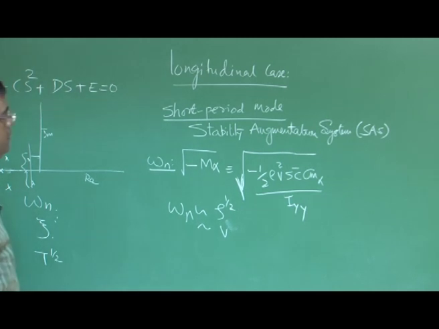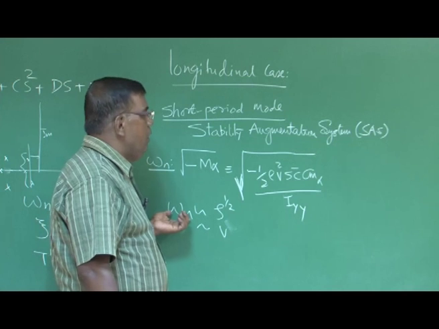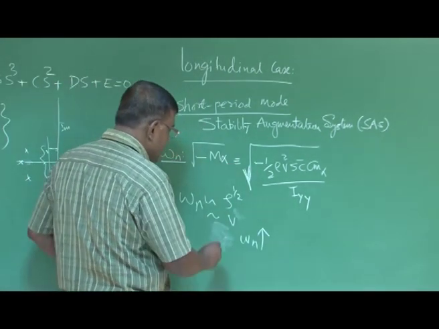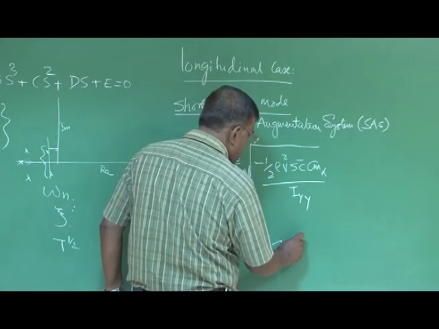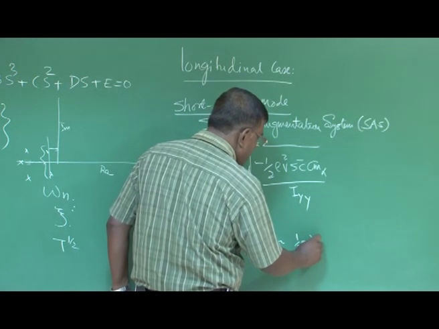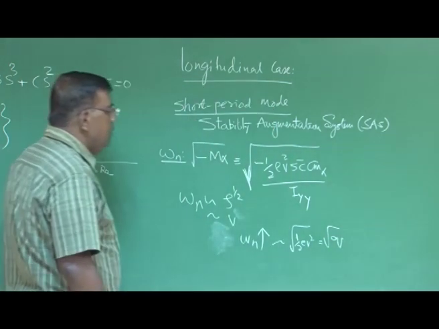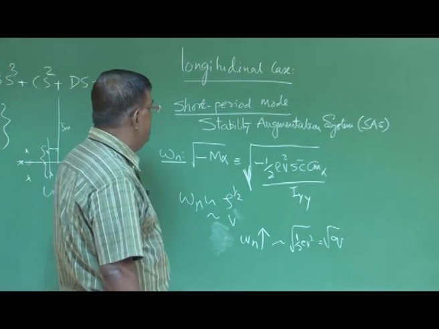As I increase V, the short period natural frequency will go on increasing, or in totality I can say omega n increases with dynamic pressure, that is half rho V square, or under root of q.